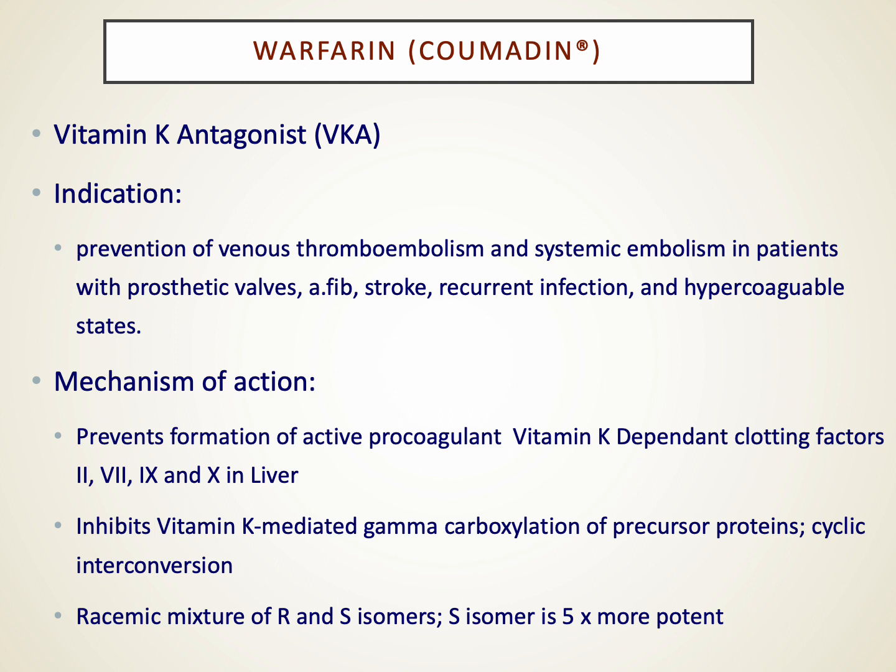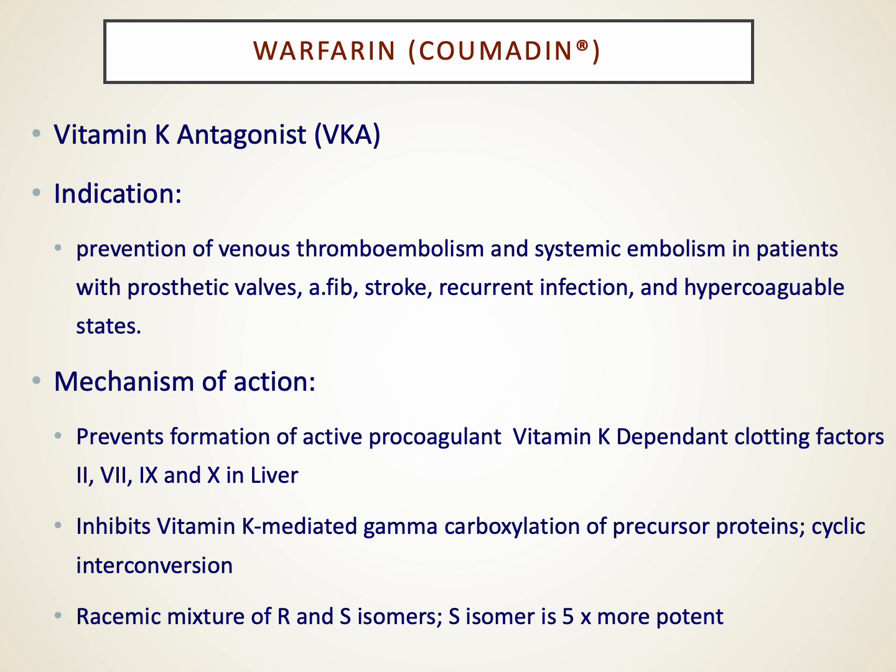So warfarin, as we alluded to a bit earlier, is a vitamin K antagonist. It's indicated for the prevention of a thromboembolic event in patients who've had a deep vein thrombosis, patients who've had a pulmonary embolism, and patients who are at high risk for an embolic event, like a patient with a prosthetic heart valve, particularly a mechanical heart valve, or who have atrial fibrillation, or have had stroke, or other hypercoagulable states.